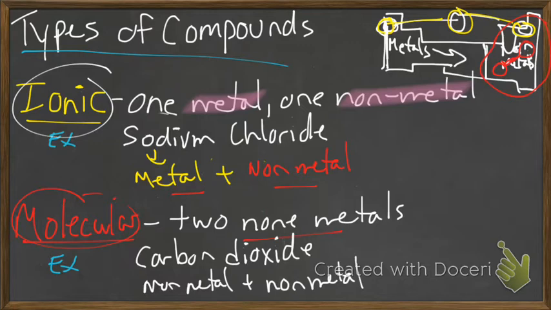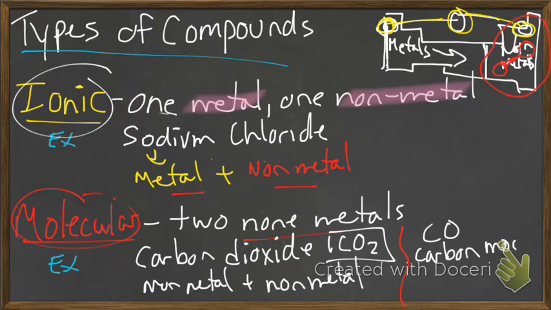And we can also talk about how carbon dioxide is CO2, but we can also do CO, which would be carbon monoxide. I'll write it underneath. Monoxide. Keeping in mind that mono means one, di means two.